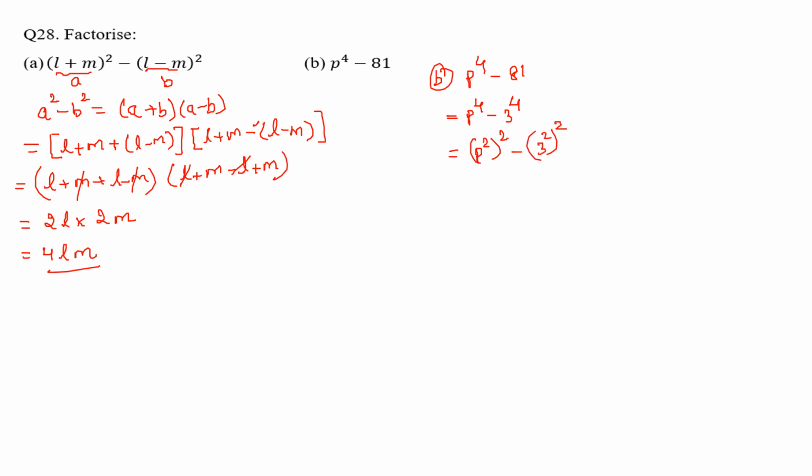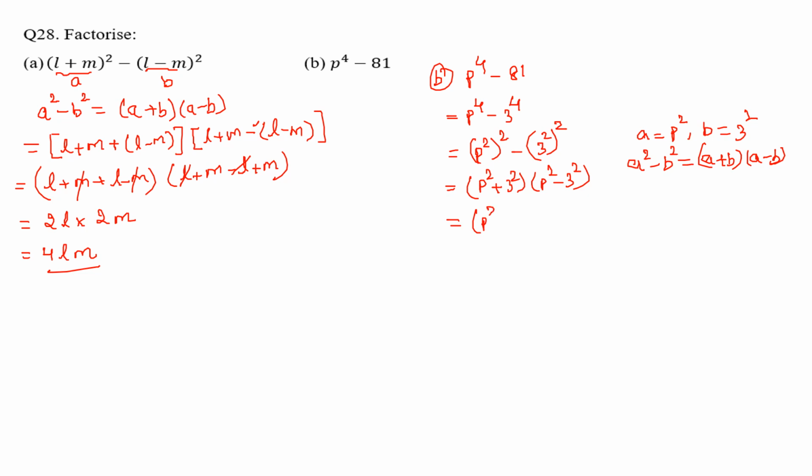Now if I assume my A as P square and B as 3 square, isn't this the identity A square minus B square, which will give me A plus B, A minus B? Yes, your A is P square, B is 3 square. So just put the values. So P square plus 3 square, and then P square minus 3 square.